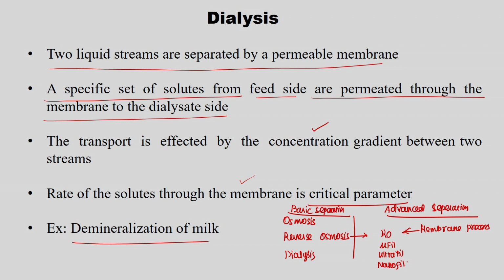All of these come under the category of membrane separation processes, the advanced separation processes. Dialysis, if it is done using an electrical input, we call it electrodialysis. So, that is also an advanced separation process.